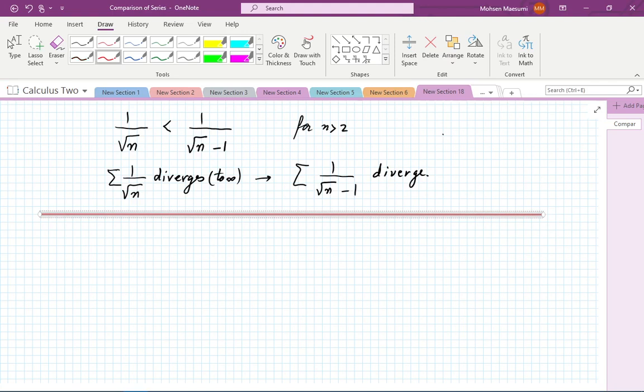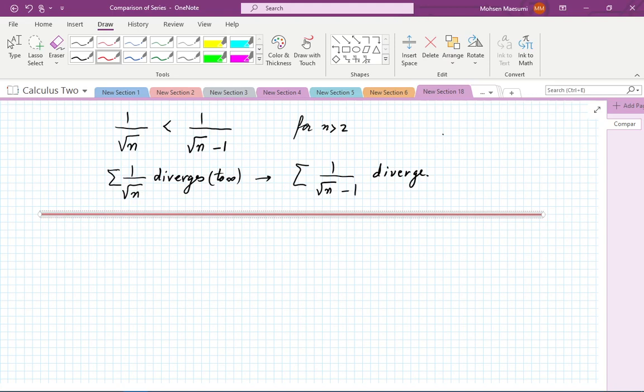So if we want to have a quick verdict as to if a series is converging or diverging, a very quick approach is the limit comparison test, because we don't have to fiddle around with the inequality all that much. So here is an example.